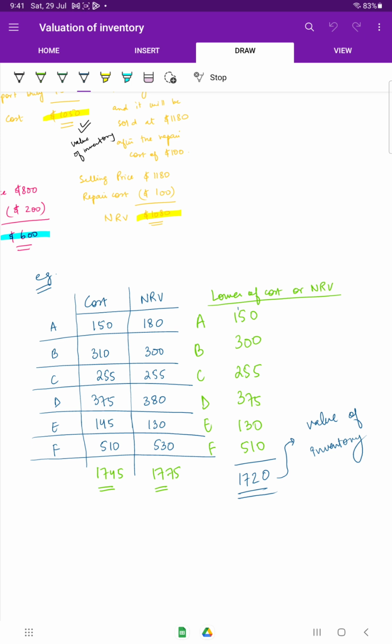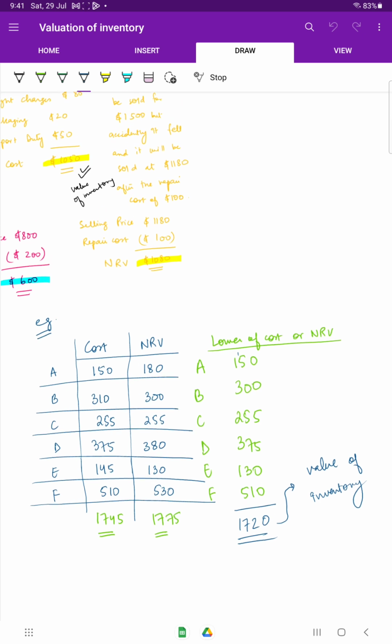Let's suppose if your accounting year is ending at 31st December, but you plan to calculate your inventory on, let's say, 7th or 8th of Jan of the next year. So now, in order to achieve the inventory figure on the last day of the accounting period, you have to go for inventory valuation backwards. Is this clear?